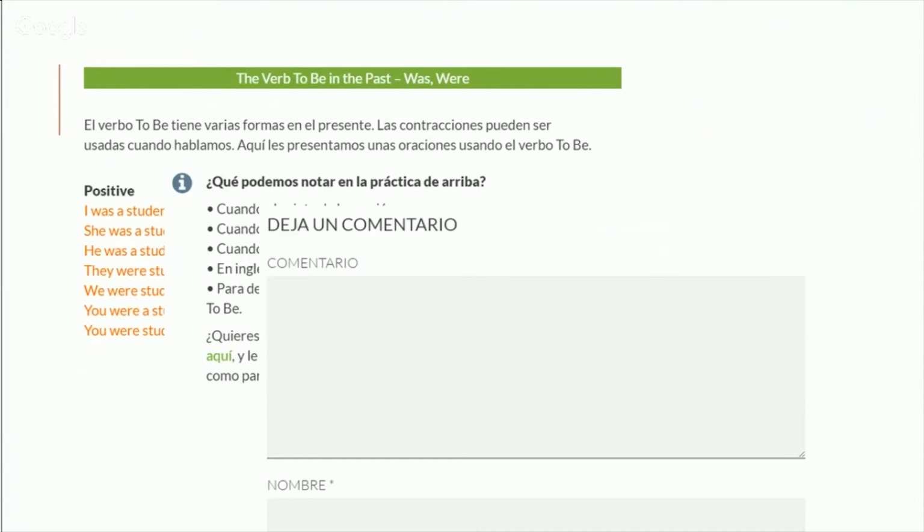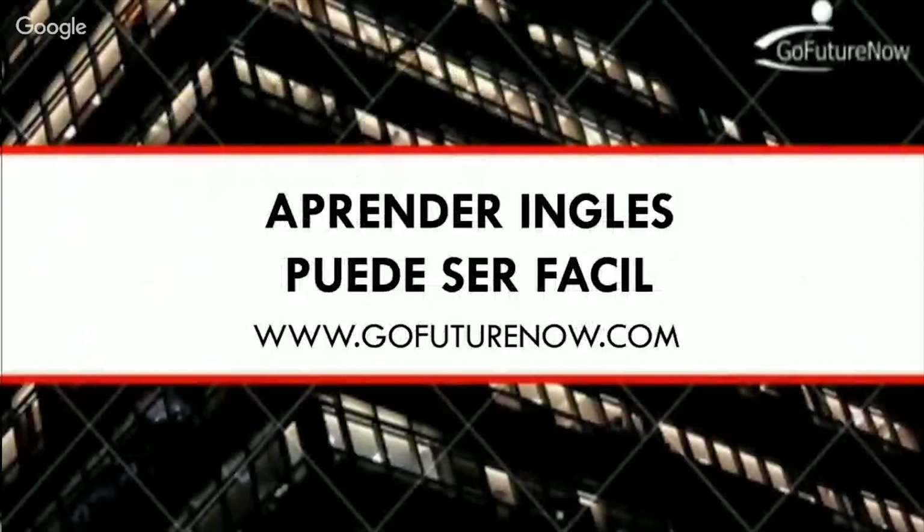You can leave a suggestion or a question. If you have a private question, you can email us or send us a message. But if you want to put a question so other people can see it, which is wonderful, so they can learn, you can write it where it says preguntas y sugerencias, and we'll respond to everybody.